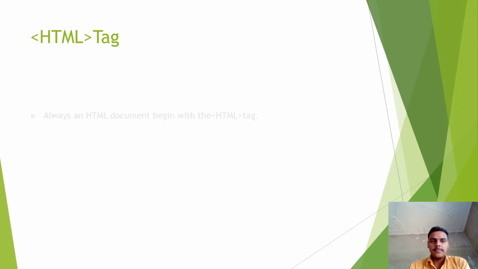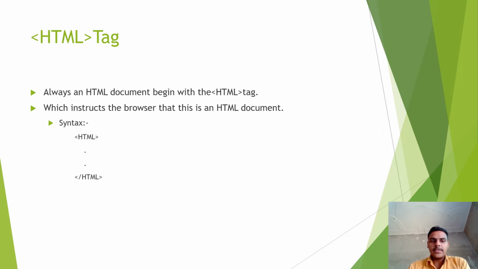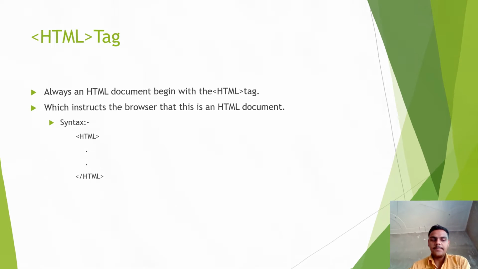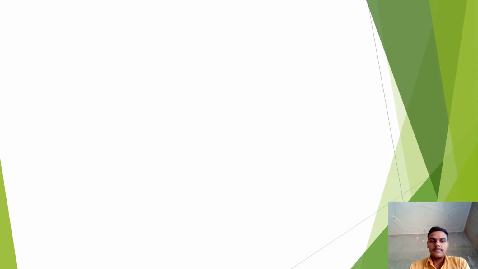HTML tag. An HTML document always begins with the HTML tag, which instructs the browser that this is an HTML document. The syntax of the HTML tag is as given. Head and title tag.